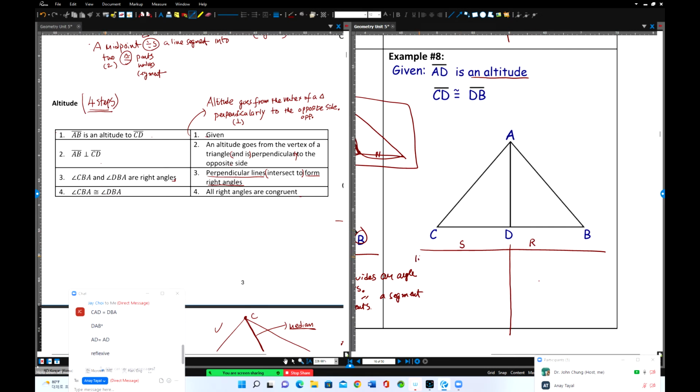You write down AD is an altitude, given. CD congruent to DB. This side is congruent. We already got one side down. Circle and circles.